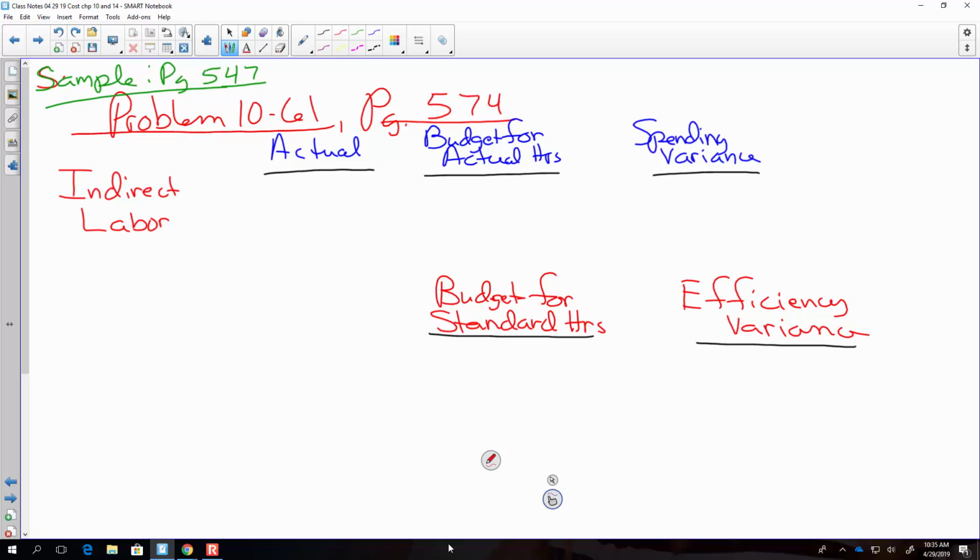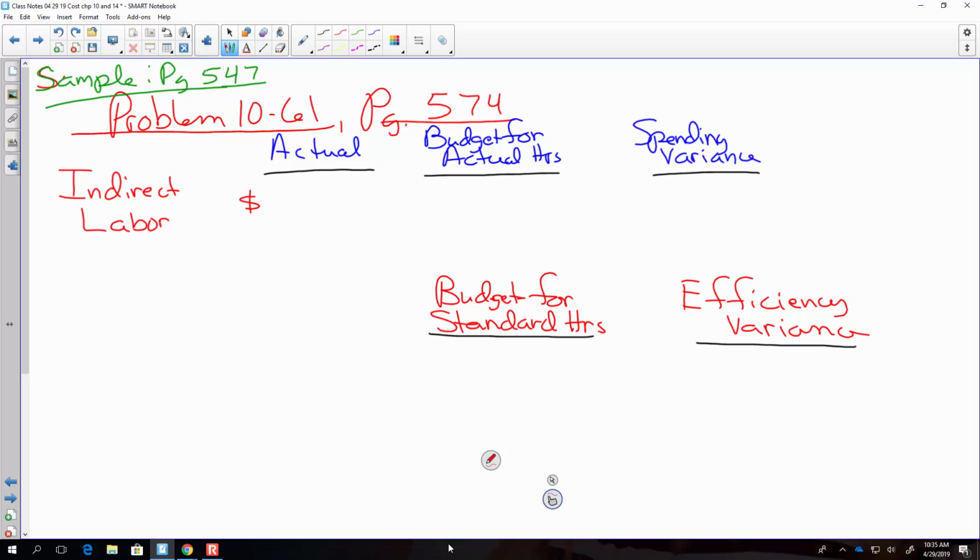Rather than using our templates, this is a different layout. It's called a performance report. The problem is 1061 on page 574. The sample in the book is on page 547. So it's basically our template in a different format.